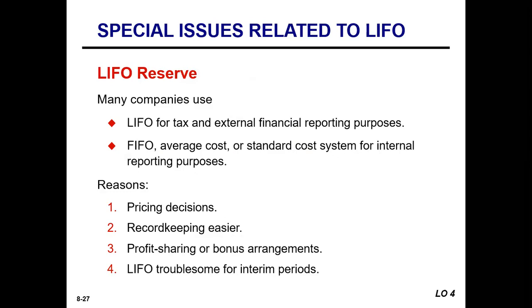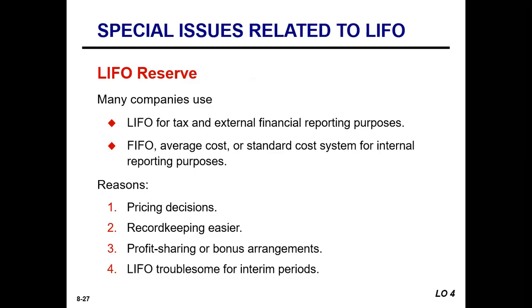Because again, with LIFO, we're selling the newer goods first instead of getting rid of the older goods. The third one, profit sharing or bonus arrangements. So profit sharing and other bonus arrangements often depend on a non-LIFO inventory assumption.